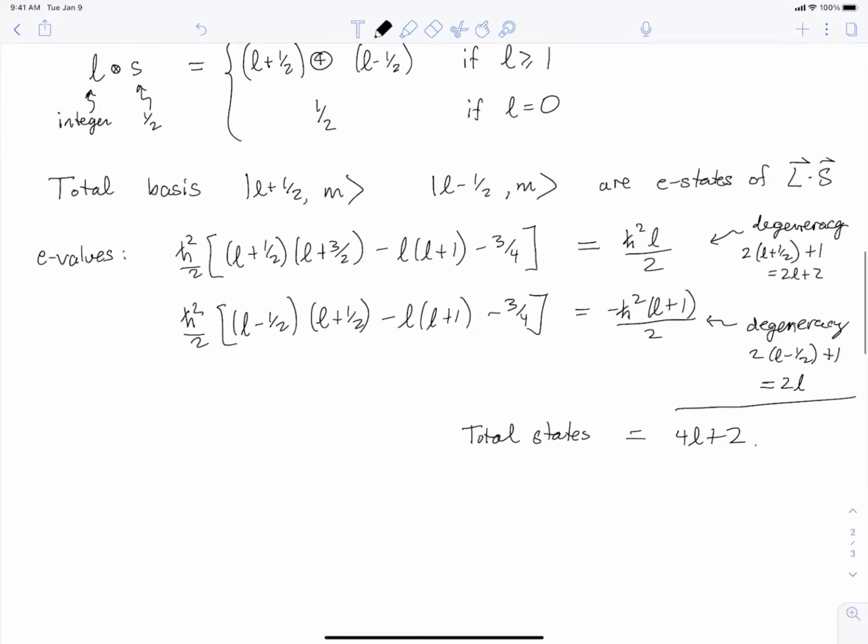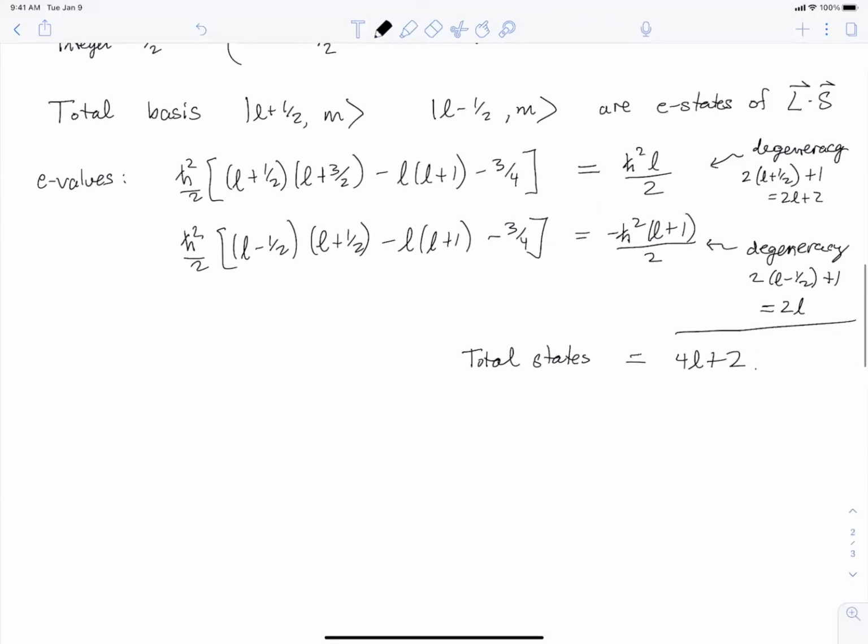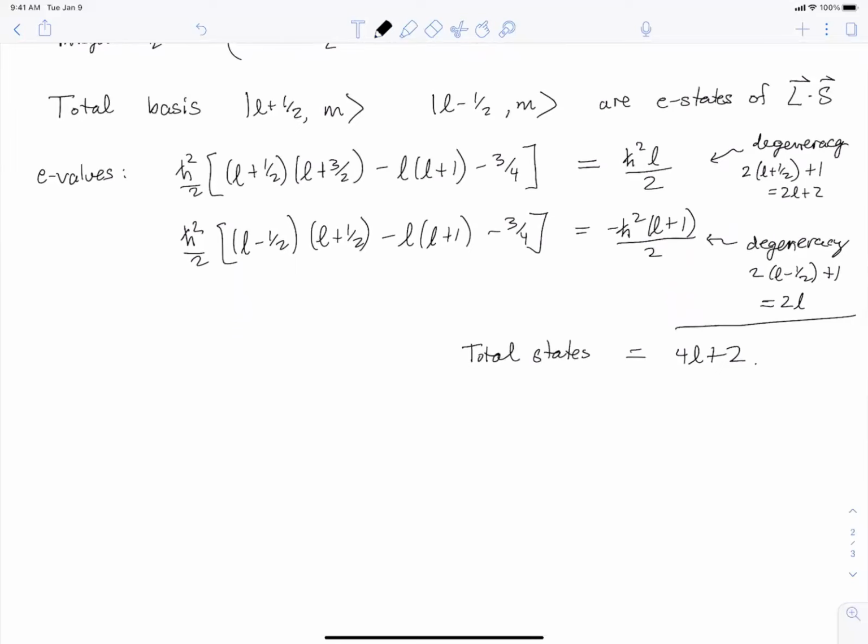All right, so we're going to go ahead now and construct the total angular momentum basis states in terms of the product states. Okay, so again, the product basis, we can start by writing them in the most general form, which would look like this, with a colon. But then we observe that we don't need to write down L and S because we know what they are.